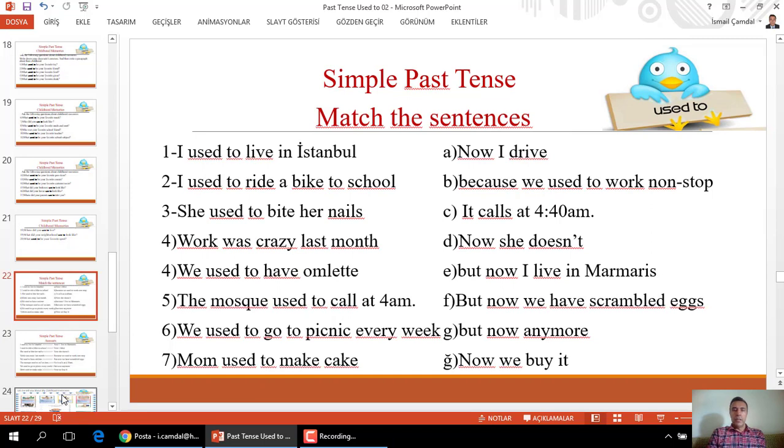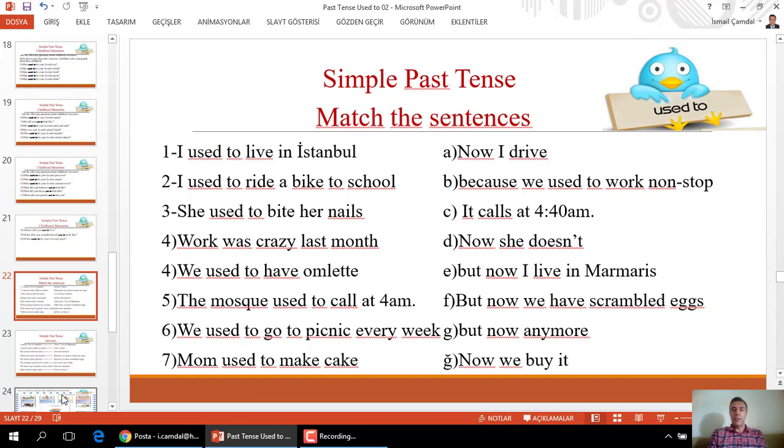Now we match the sentences. I used to live in Istanbul. I used to ride a bike to school. She used to bite her nails. Work was crazy last month. We used to have omelette. The mosque used to call at 4 a.m. We used to go on a picnic every week.